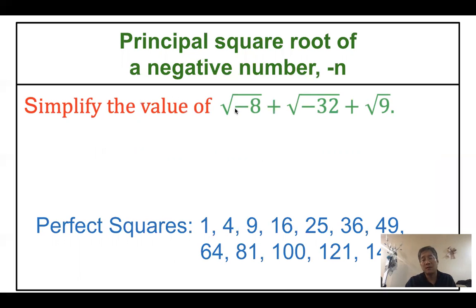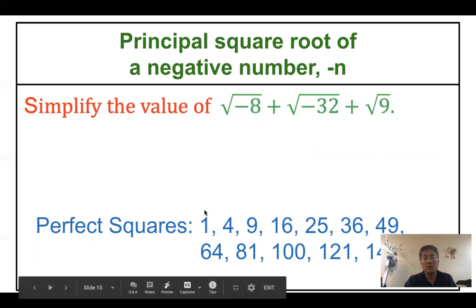So let's think about negative square root 8 plus negative square root 32 plus square root 9. When you simplify these things, I want you to be familiar with the perfect squares. I gave you the example. One is 1 squared, right? So we call these numbers perfect squares. 4 is what? 2 squared, right?